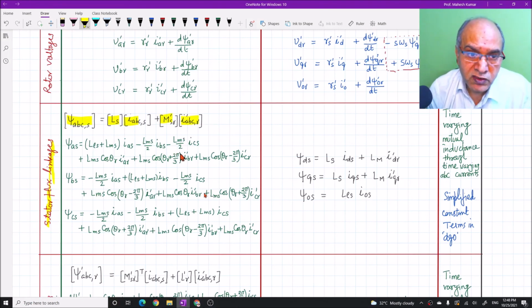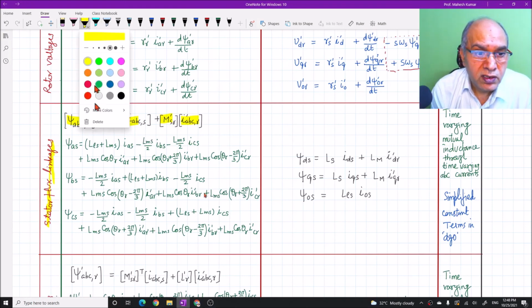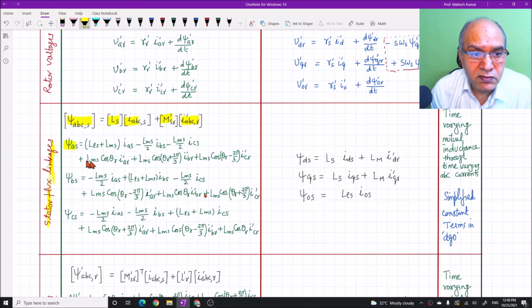Now if we substitute the value of Ls and MSR dash and multiply element to element, we will get this expression for psi AS. Psi AS is given as LLS plus LMS into IAS minus LMS by 2 IBS and minus LMS by 2 into ICS.